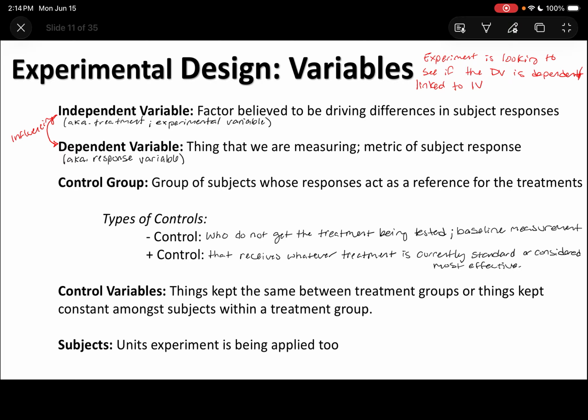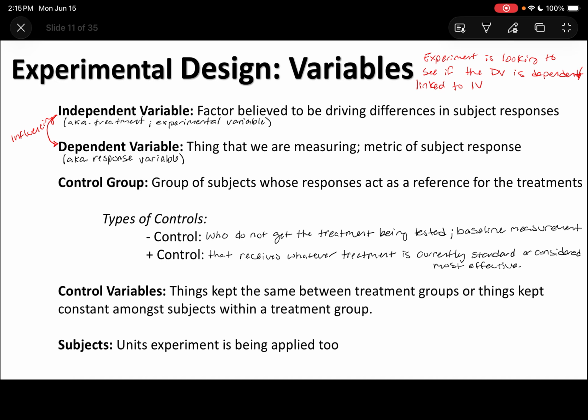And so we might want to ask ourselves, not only is a treatment worthwhile compared to nothing, but is this new treatment at the forefront better than the treatments we already have? A positive control group would be a group that's getting a treatment that is already actively being used and is considered to be relatively effective. This is going to allow us to decide if the new treatment is better than what has been previously given in similar circumstances. Okay, so control groups give us that reference.